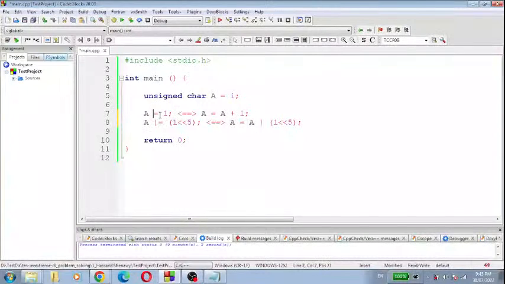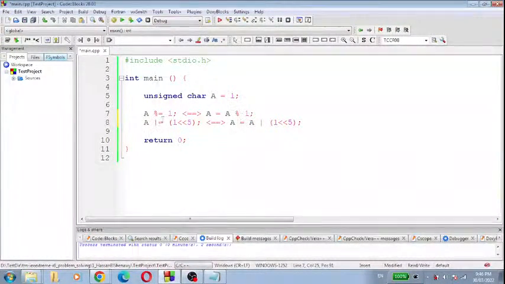Anything you could write: minus, multiplication, division, and so on. You could write your remainder if you wish, and so on.